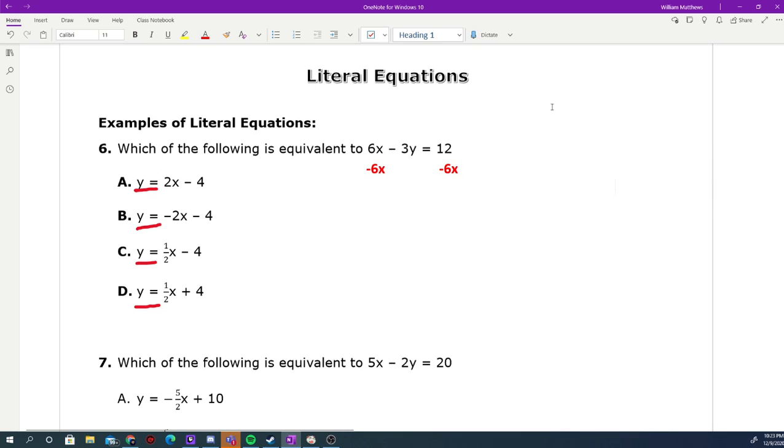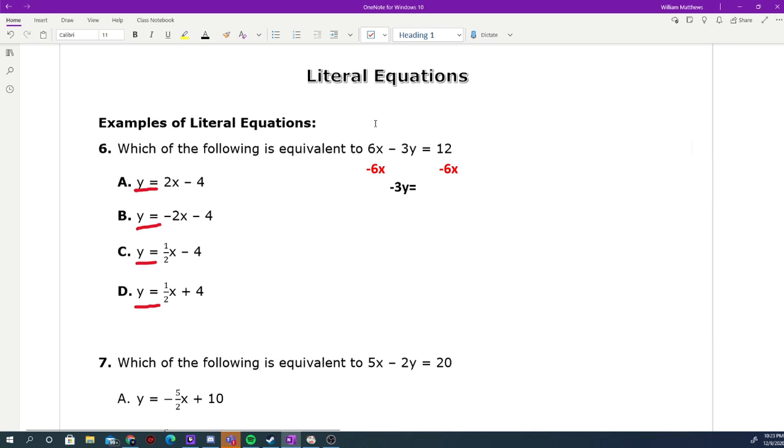Now after I add these terms, the 6x minus 6x cancels out, and it leaves us with the negative 3y equals, now this next part, 12 and negative 6x are not like terms.